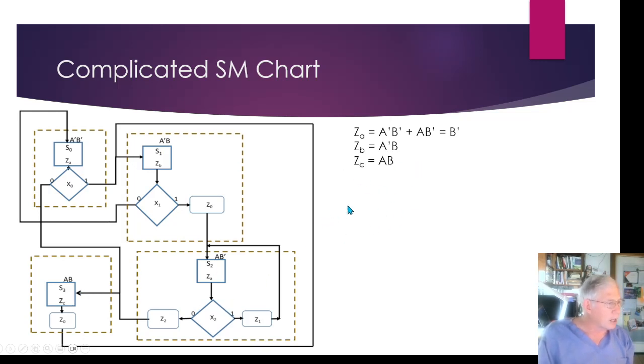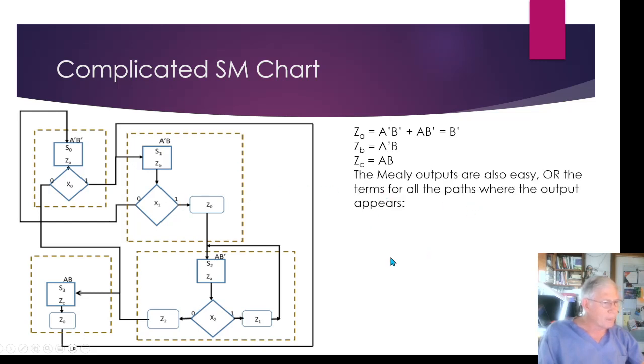What about our Mealy outputs? Well, Z0 appears twice. Once in S1, A prime B and X1 equals 1. So Z0 is A prime B X1 plus, where's our Z0?